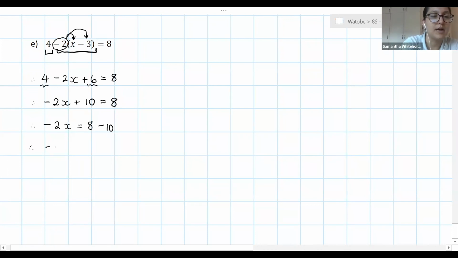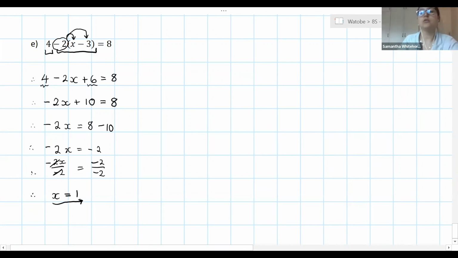We know that 8 minus 10 is -2. And so what I now want to do is essentially divide both sides by -2 in order to get x alone. And we know that a negative divided by a negative is a positive, and 2 divided by 2 is 1. And so we end up with x is equal to 1.